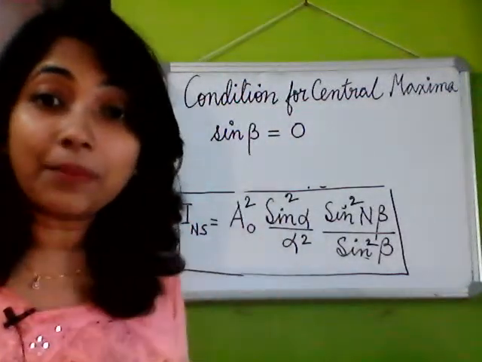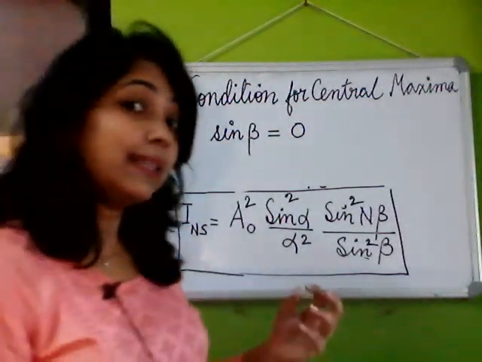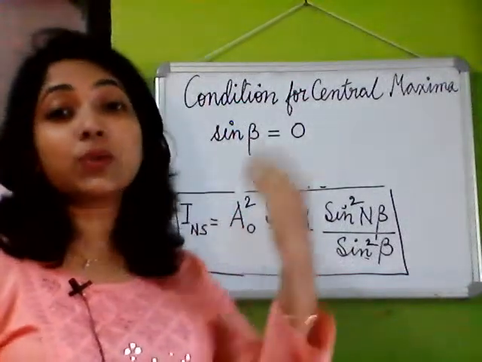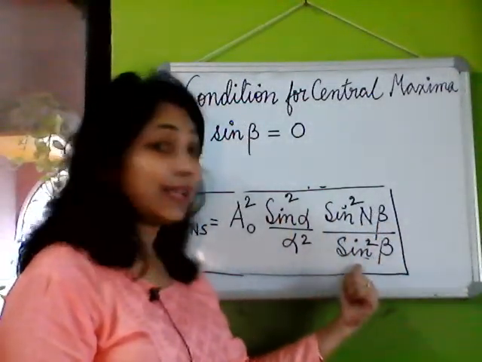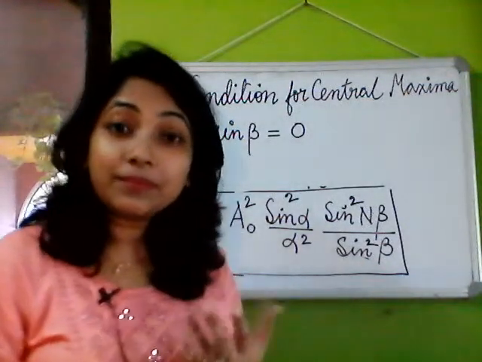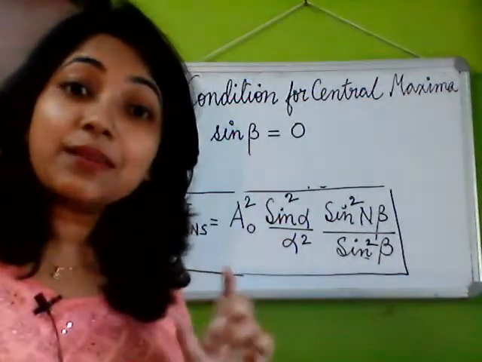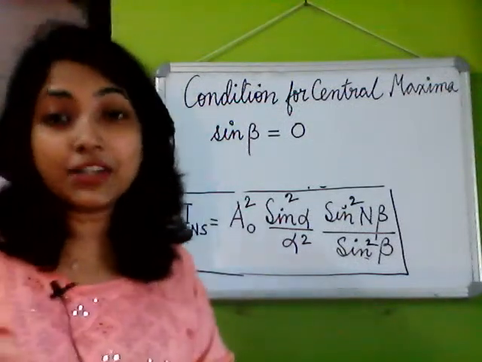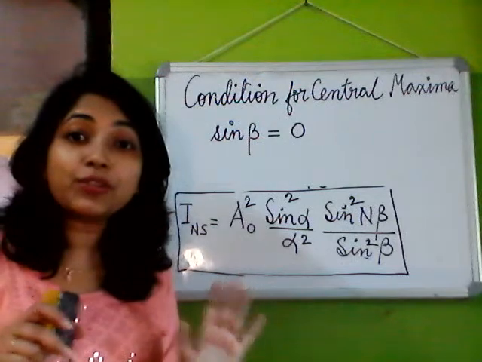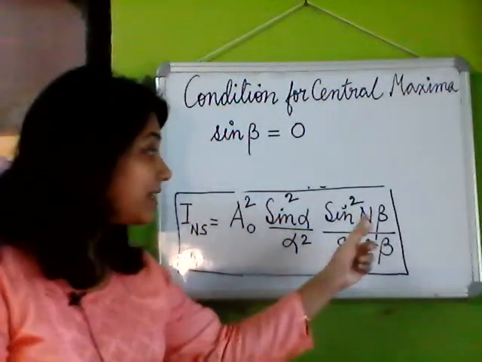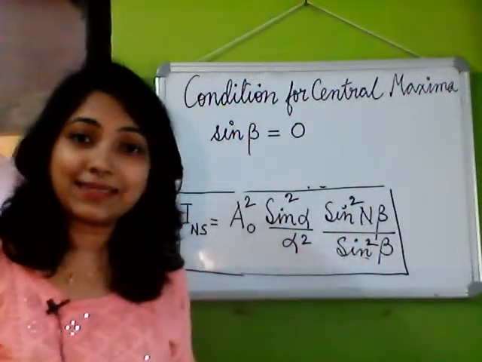However, now that we have come down to n number of slits, the expression is no longer sine square alpha by alpha. It is sine square n beta by sine beta. The sine function is remaining and hence the conditions are changing. There is no contribution from cos over here. Everything is coming from sines.